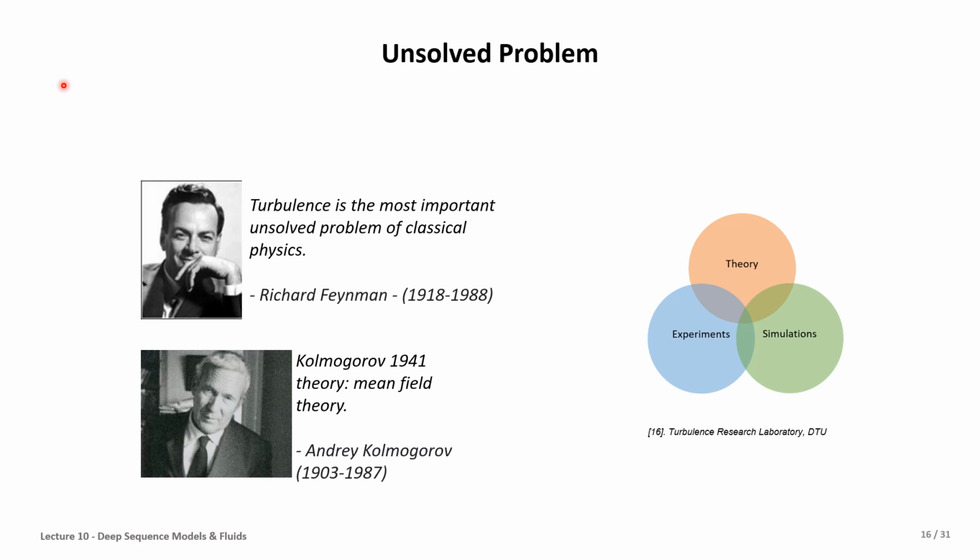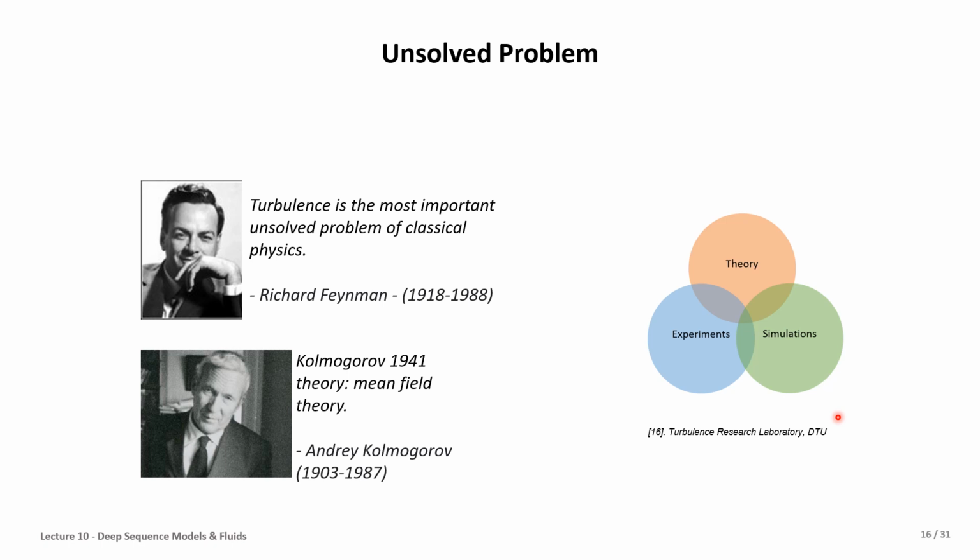From recent studies and recent perspective, it seems that to understand turbulent flow, we need to have these three sections together. We need the theory, we need the experiment, and we need the simulation. And the simulation could be performed via parallel computing because the problem is non-linear and complex.